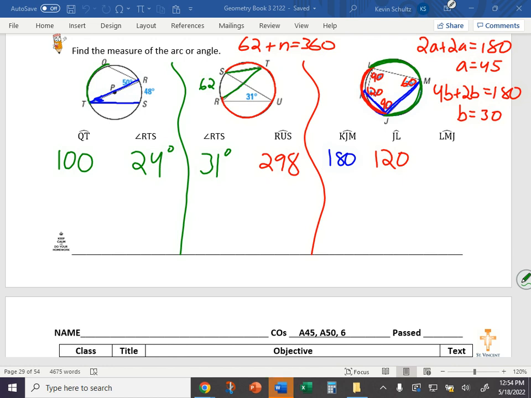Okay. Two ways to look at it. Knowing that JL is 120, we can subtract 120 from 360 because we want the rest of the circle, right? Or, since this 120 creates arc LMJ right here, we can double that, and either way, we get 240.